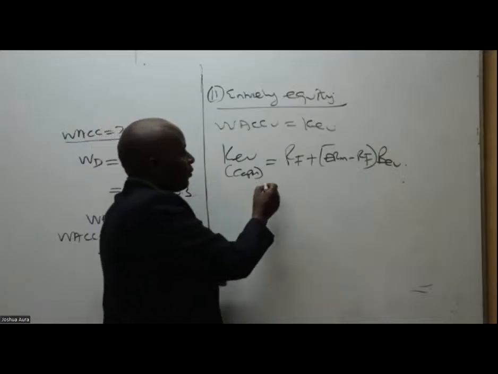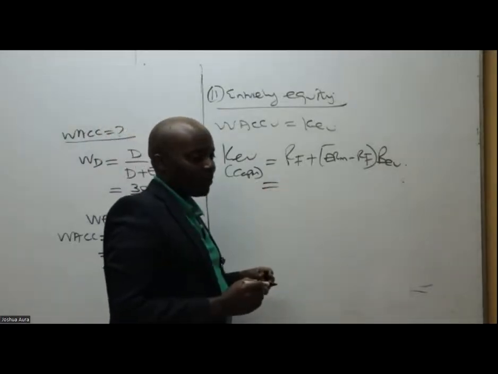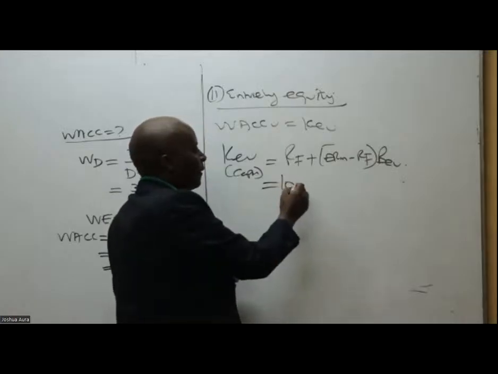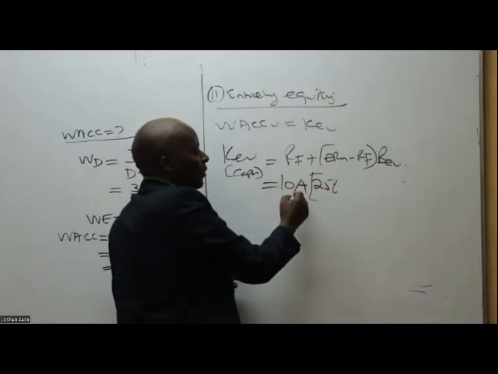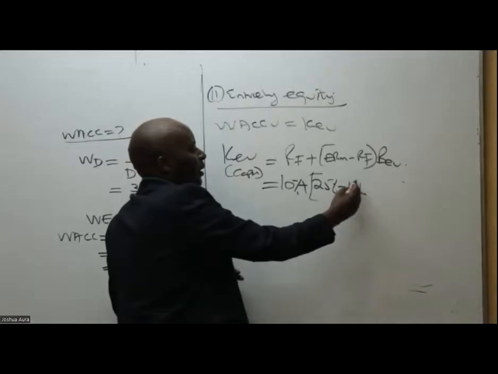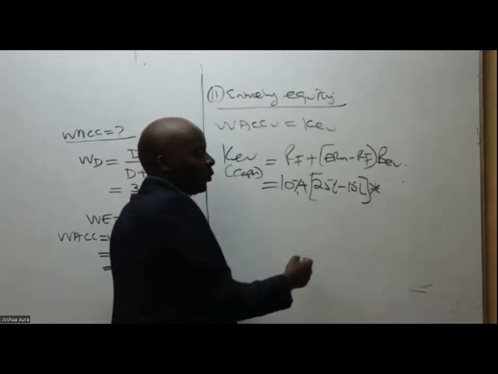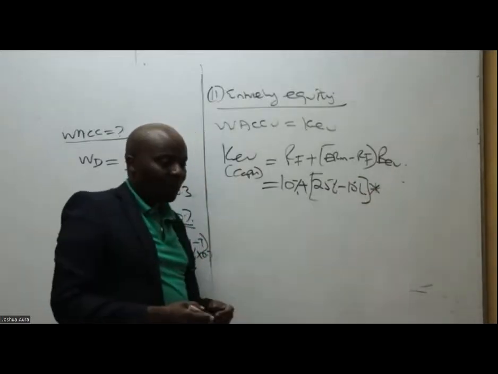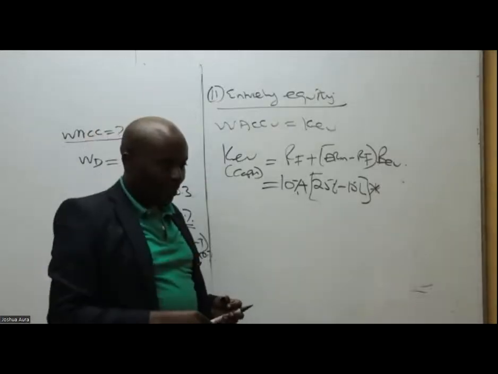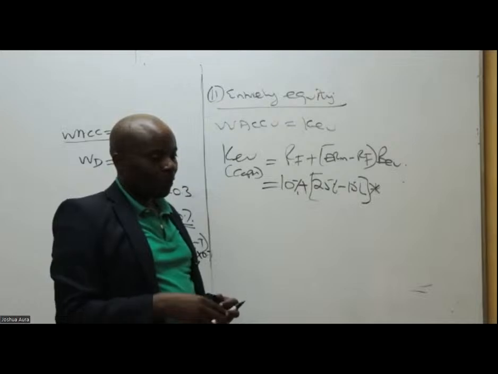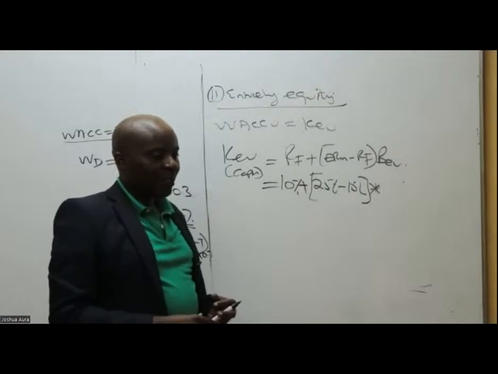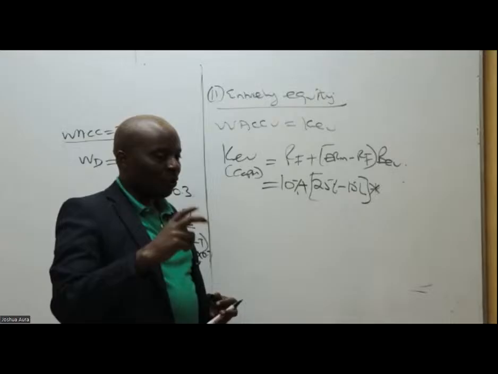Do we have the risk-free rate of return? 10 plus. Do we have market returns? You gave me 25, minus 10, multiplied by beta, which I've forgotten. The beta for the relevant new industry.